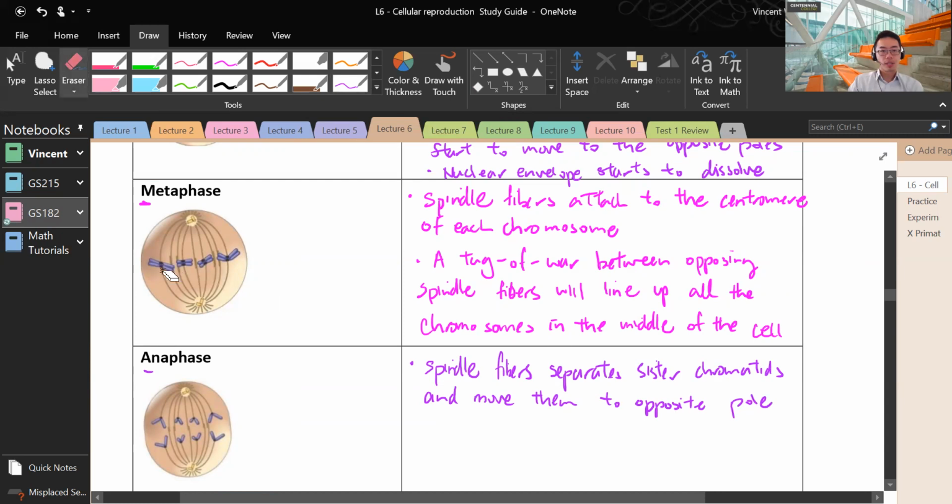Okay, so these sister chromatids, right, of each chromosome pair, they get pulled apart and they will move to the opposite side.